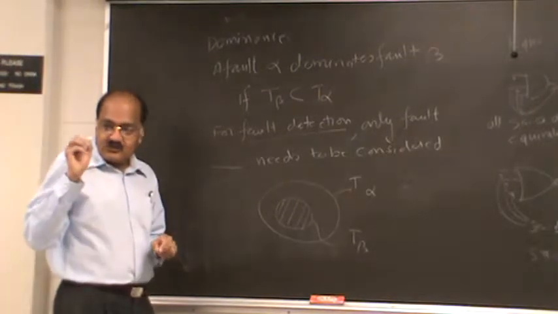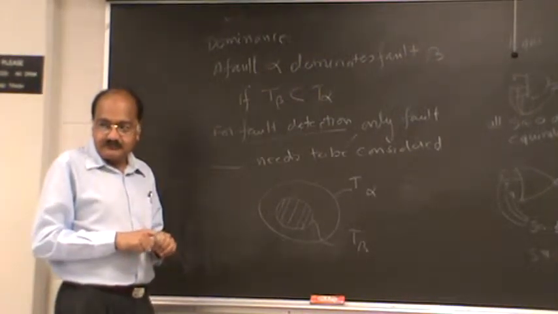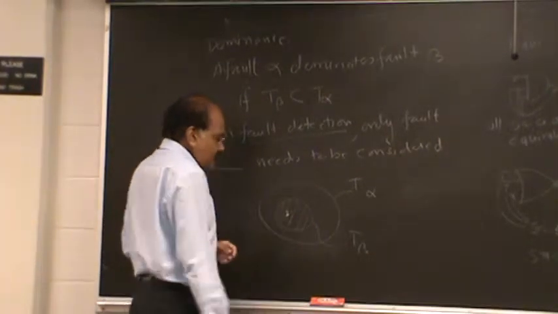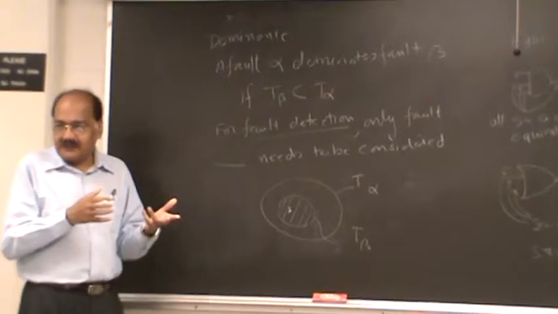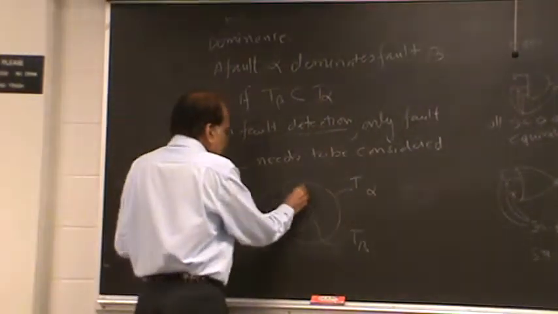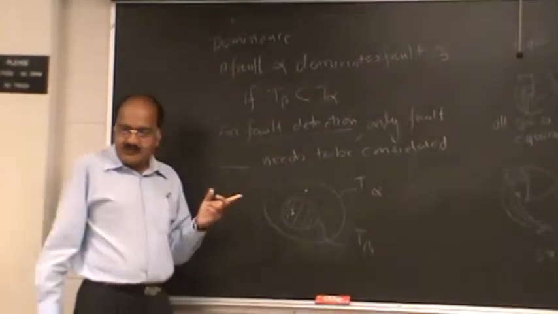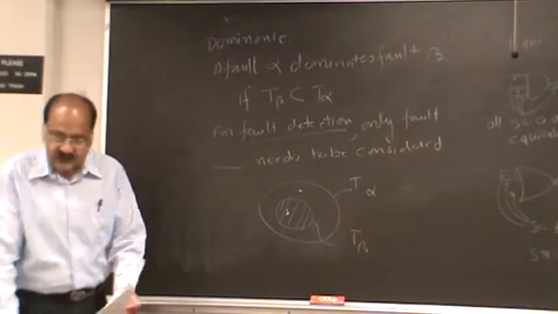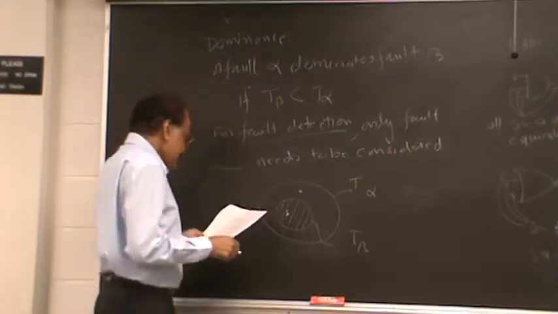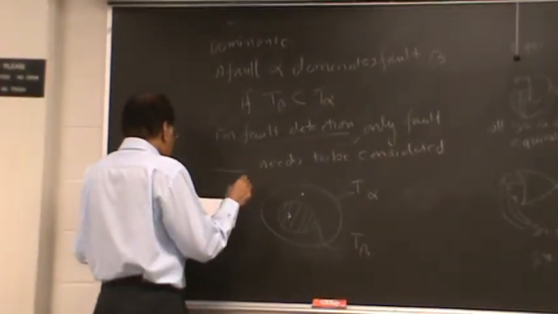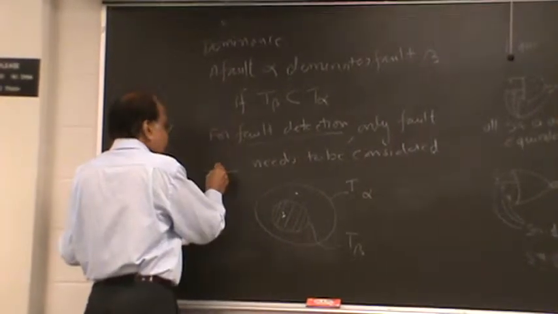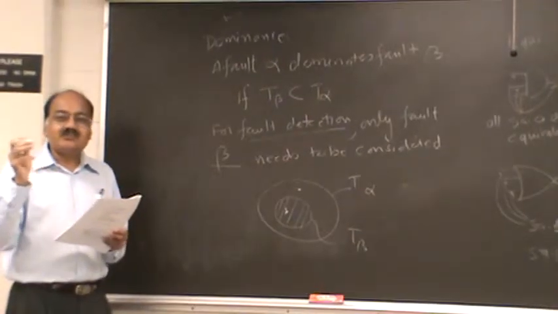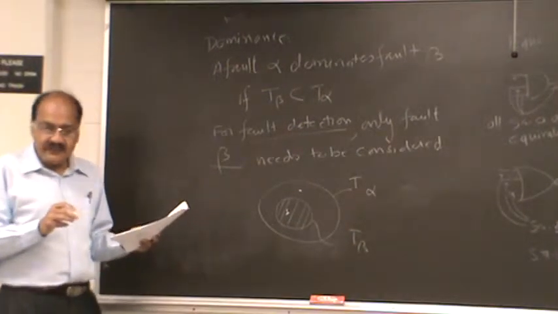So if you want to detect a fault, alpha or beta, if you pick something here, it is going to test for both alpha and beta. If you pick something here, then it will test for only alpha and it will not test for beta, right? So your first answer was indeed correct. So let's put here fault beta. So you only need to consider the dominated fault, right?